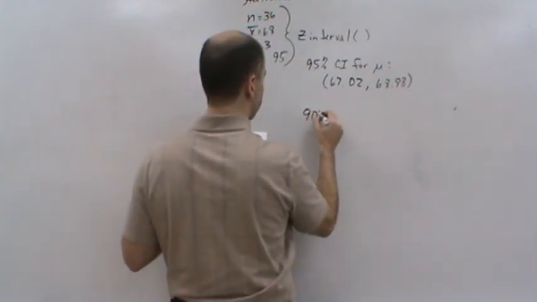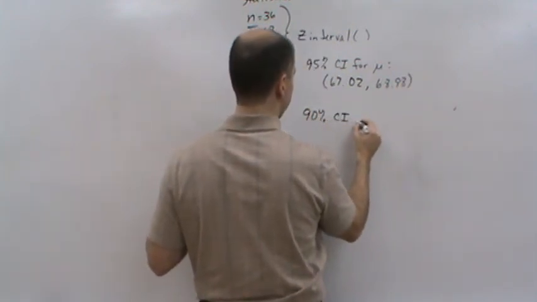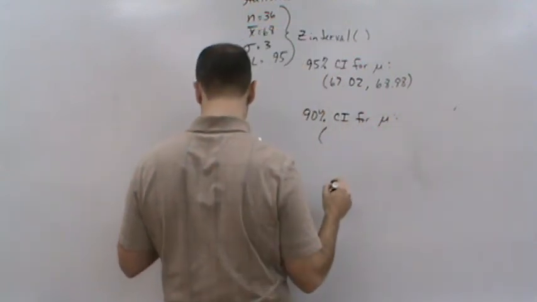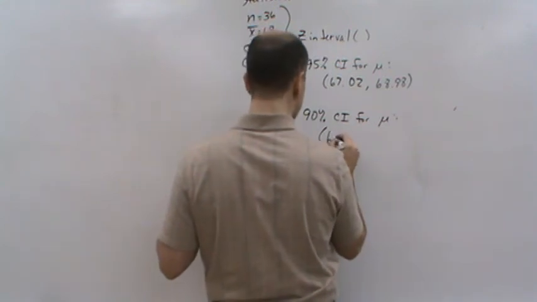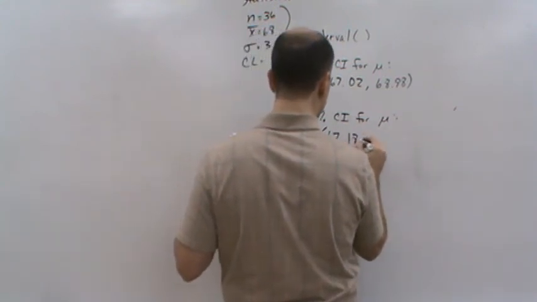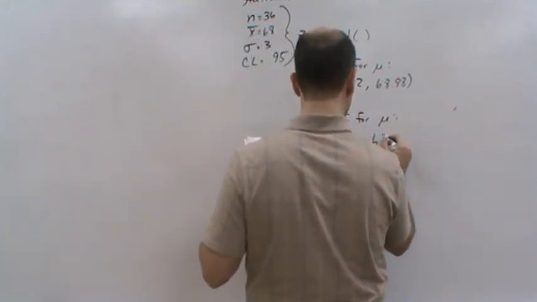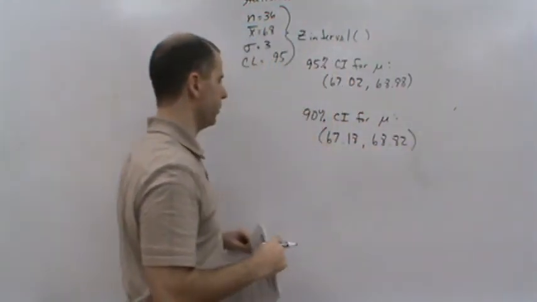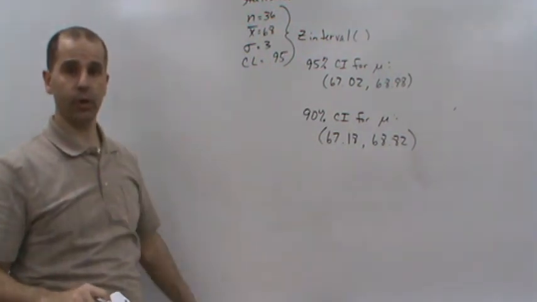For the 90% confidence interval, we found this. We found that it was 67.18 and 68.82. Okay, so recall this was from the previous, the original problem.